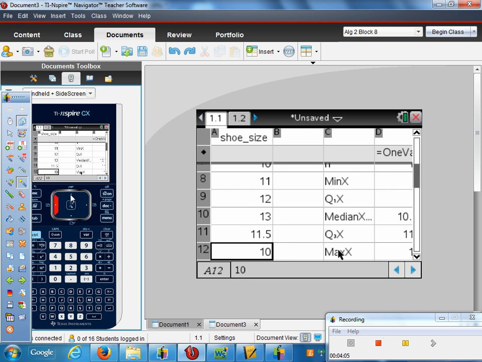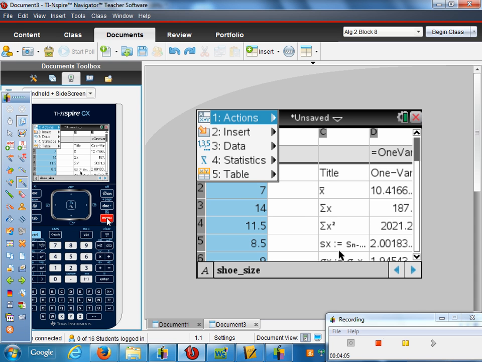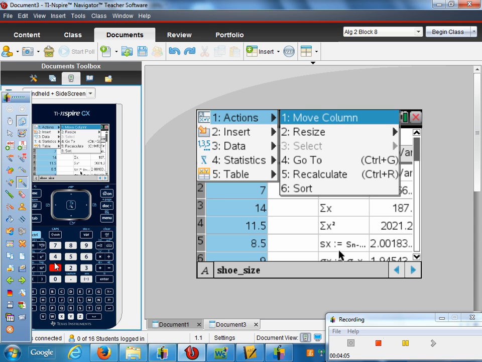In fact, it's even better if you keep arrowing up to the top until you arrow up so far that it turns that column blue, so it knows that you want to sort that column. To sort that column, of course, it's going to be menu. Now, the problem is guessing where it is, but we're performing an action on this data, so it's under action, number 1, and the very last choice is number 6, sort.